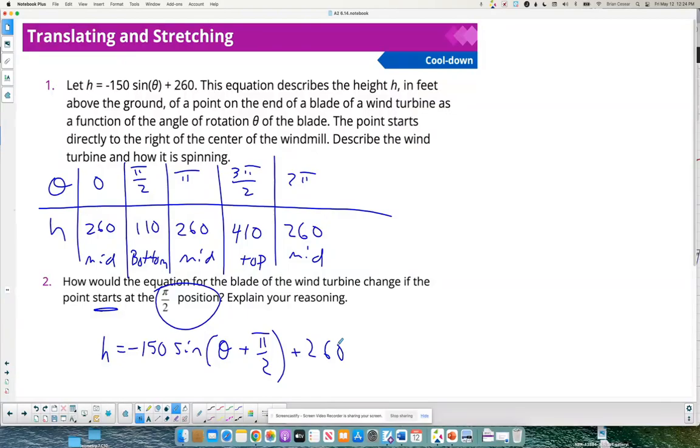So not going to graph it or make a table or anything. It doesn't ask me to. We know that on a graph, it's going to be a horizontal translation left pi over 2 units from the previous function. All right. Okay, so that's it for the lesson today.